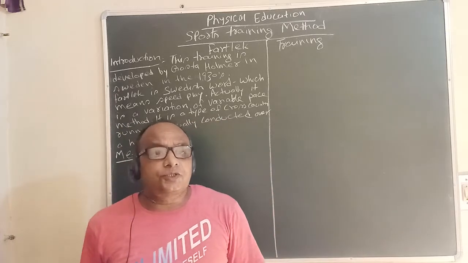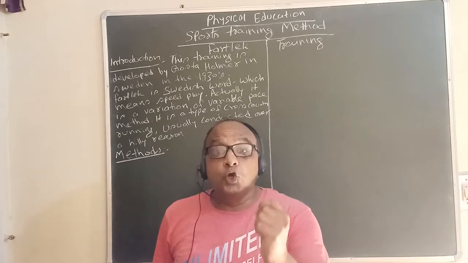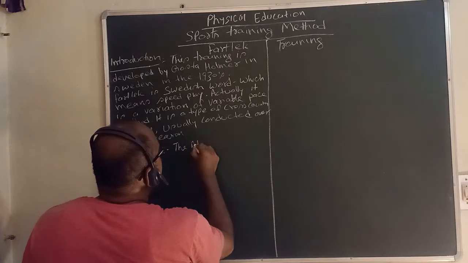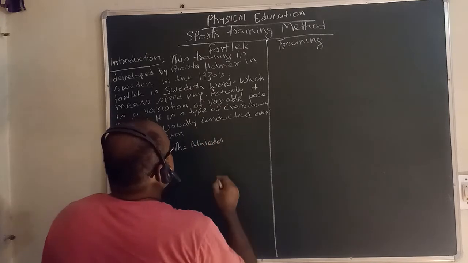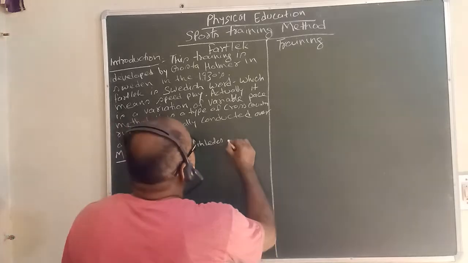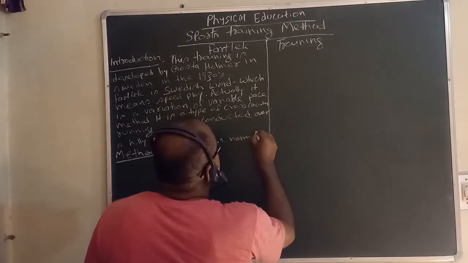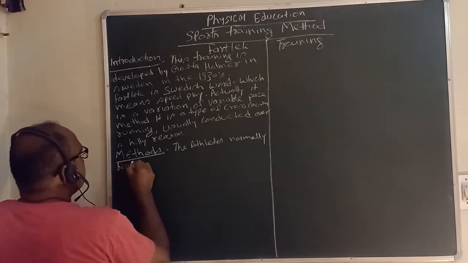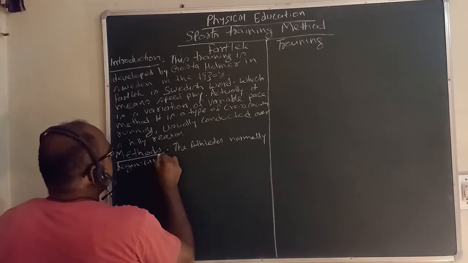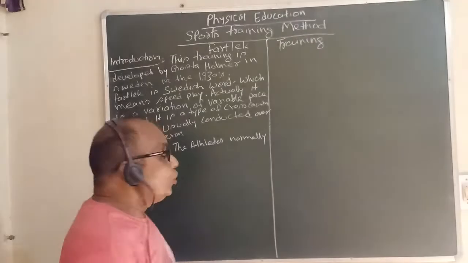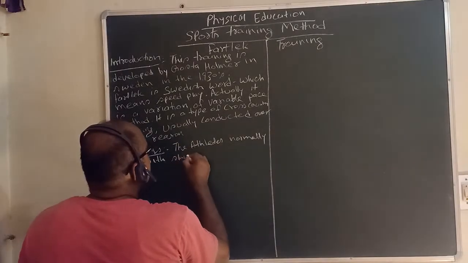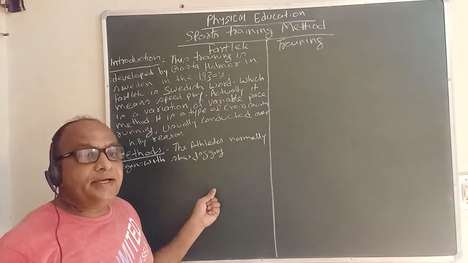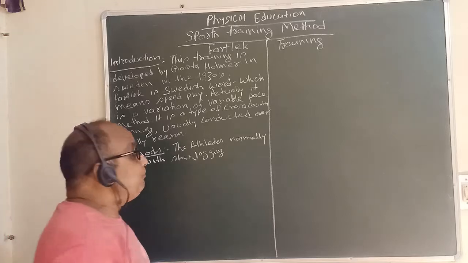Here the athletes normally begin with slow jogging, then running with easy pace.